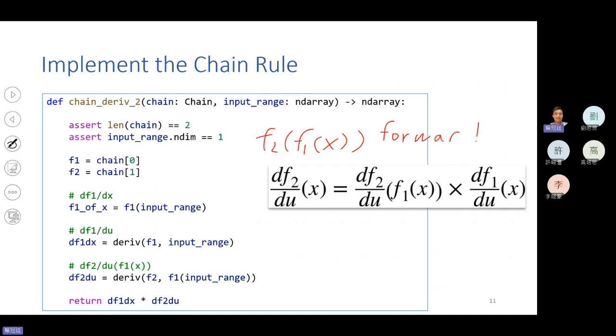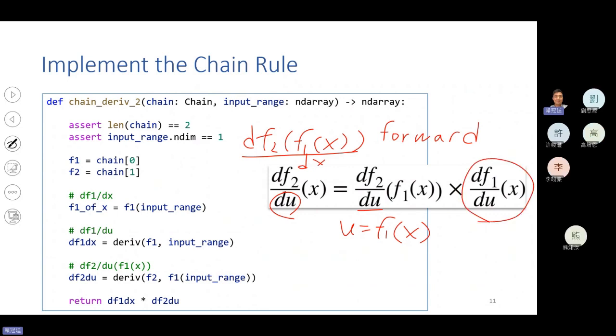And now we are ready to calculate the backward pass. To calculate the derivative, we will first assume that we have a first function u equal to f1 of x, right? And then we calculate the derivative of f2 with respect to f1, and then we calculate the derivative of f1.